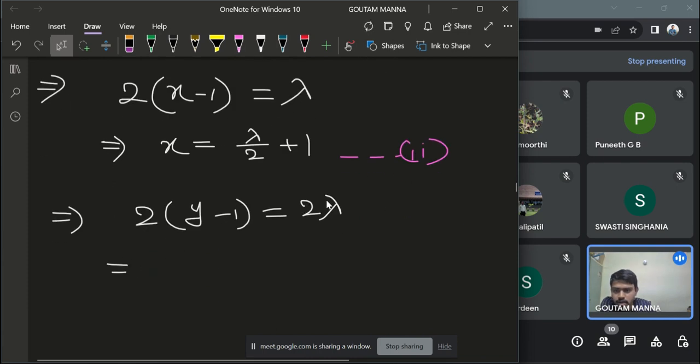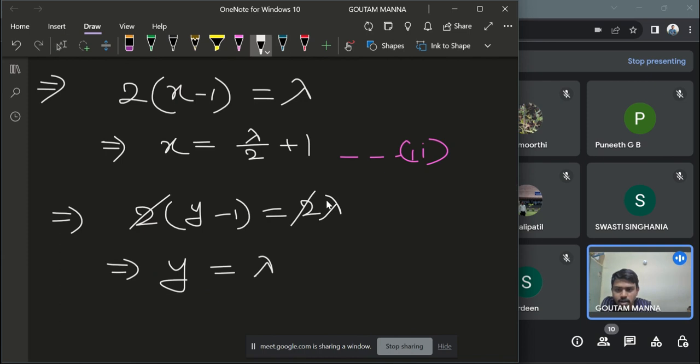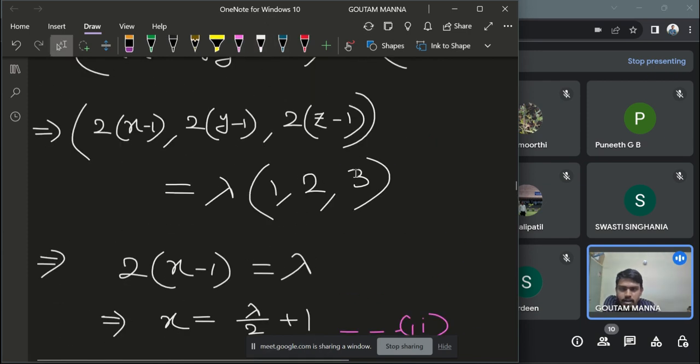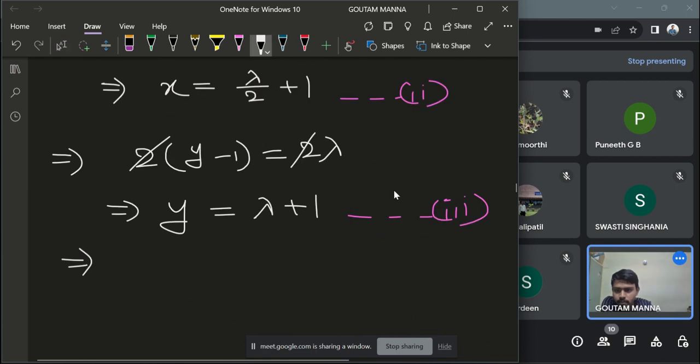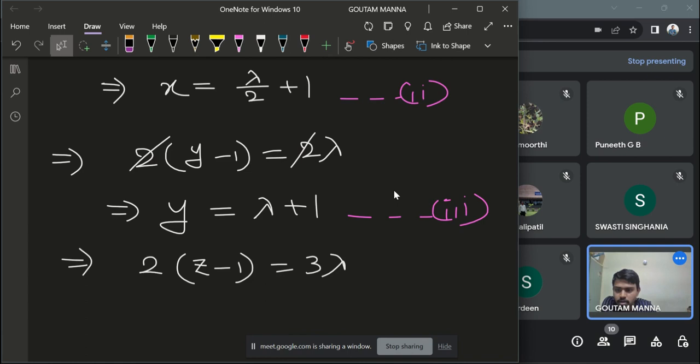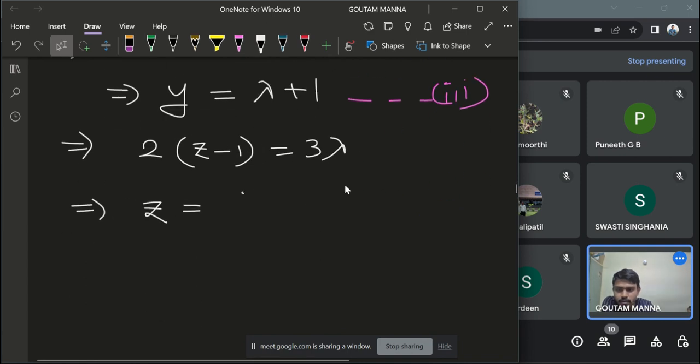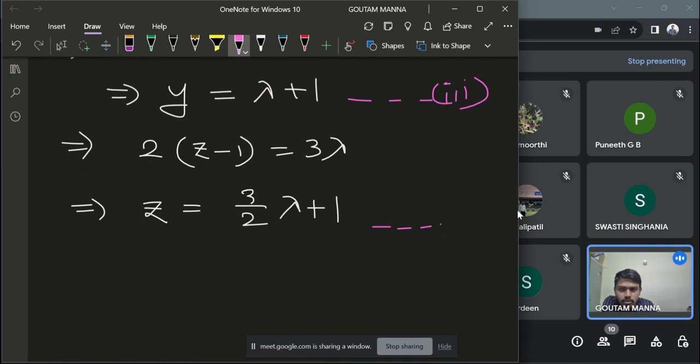These 2 cancel, and y equals lambda plus 1. Let me call it equation 3. Comparing the last component, it will be 2(z minus 1) equals 3 lambda. So then z equals 3 by 2 lambda plus 1. This will be the fourth equation.